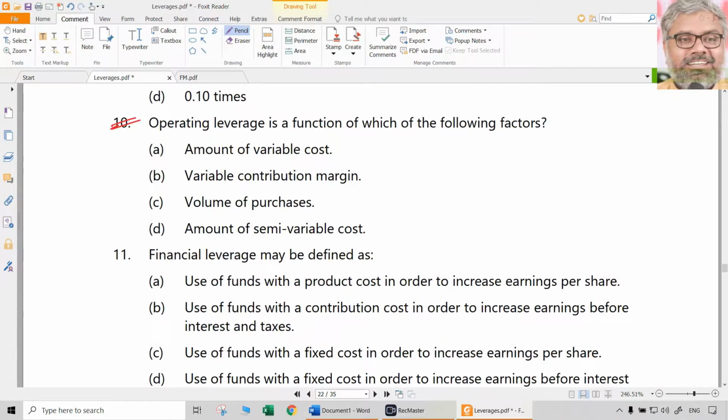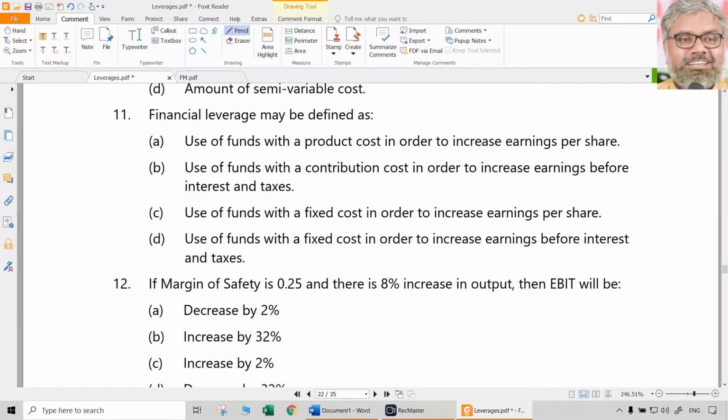Then 10th question says operating leverage is a function of which of the following factors? Naturally, contribution margin and EBIT. Which one is there here? B. That is contribution margin. So for 10th question, correct answer will be B. Then 11th question, financial leverage may be defined as what?